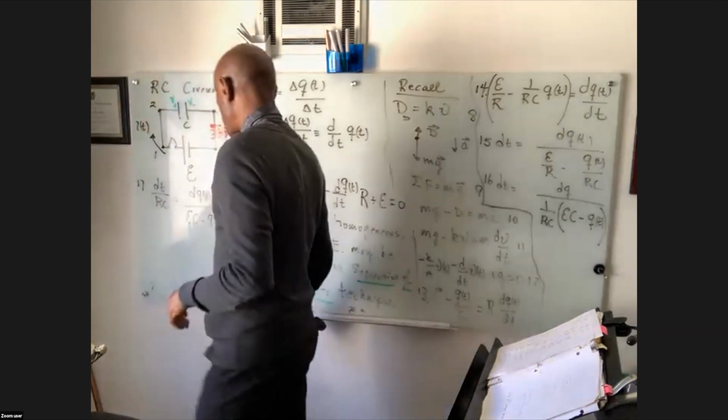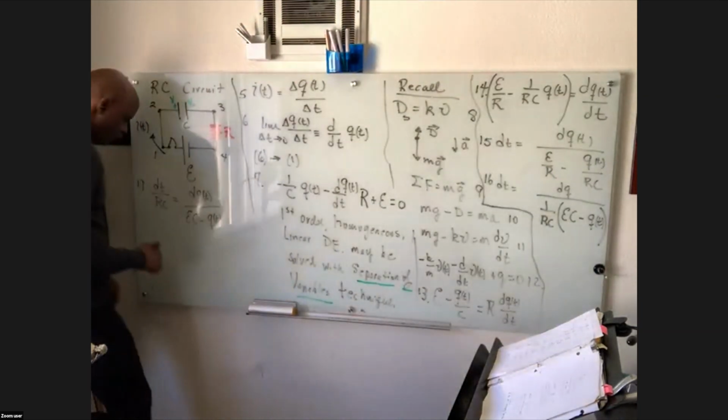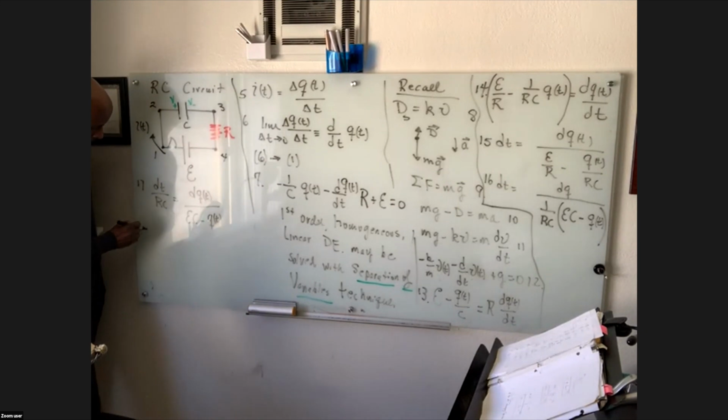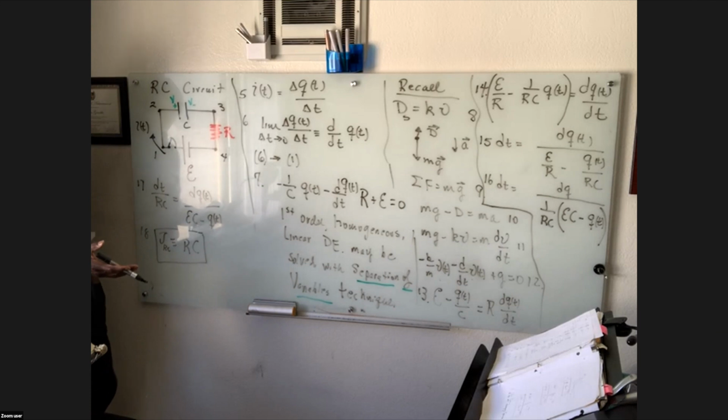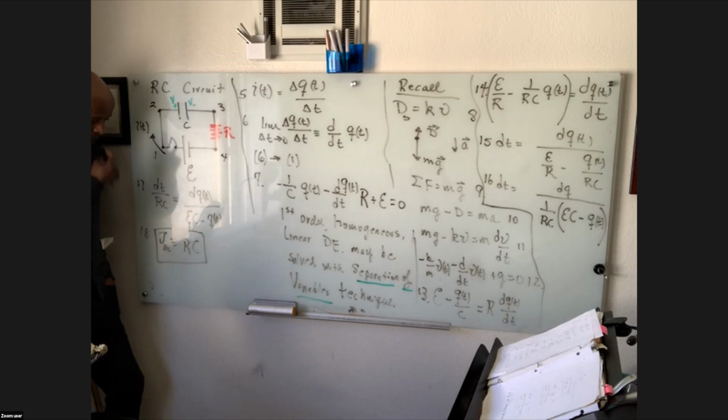Right, so let's go ahead and define this time constant as tau. There are different time constants that we can define. I'm going to call that tau RC, because we'll have one when we get to an inductor circuit as well. Tau RC is defined as R times C. And sometimes it's nice to prove to yourself that the units of resistance times capacitance give you time, units of seconds.